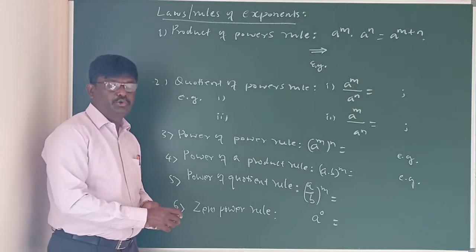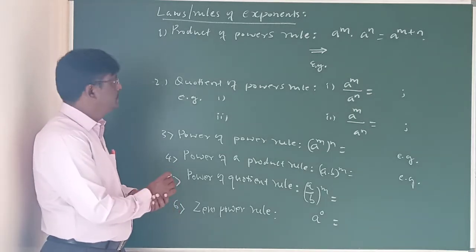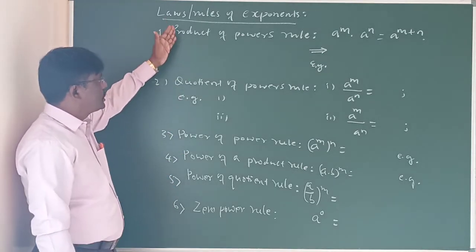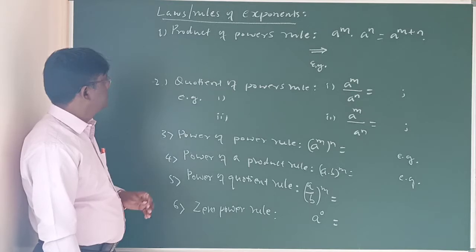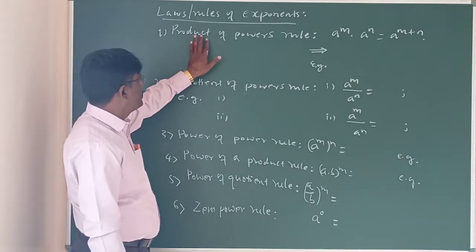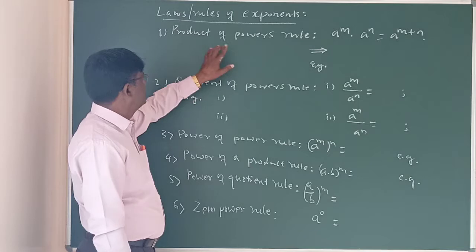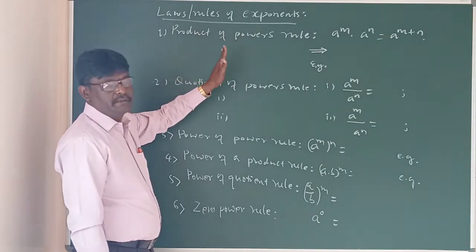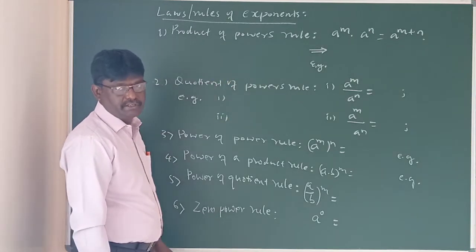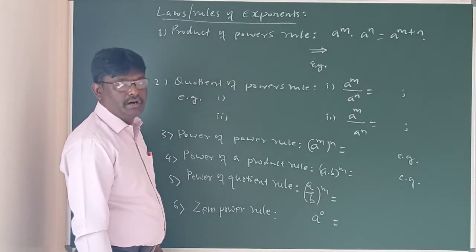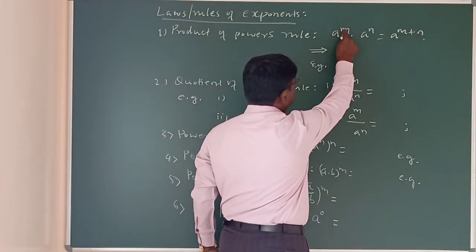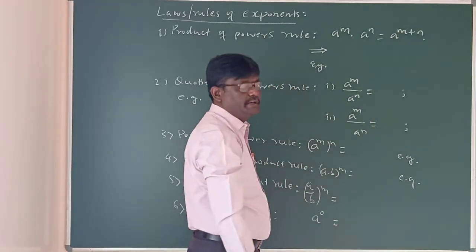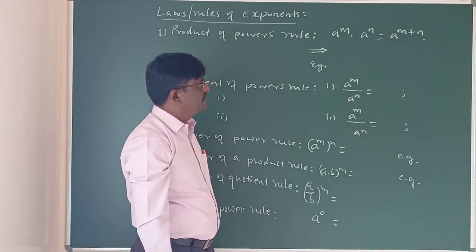Okay, children. Now based on those 3 definitions, we shall have some rules, or we could say laws of exponents. The first one is known as the product of powers rule, in general the first law of exponents. The rule says a power m into a power n equals a power m plus n. We know a is the base and m the exponent.